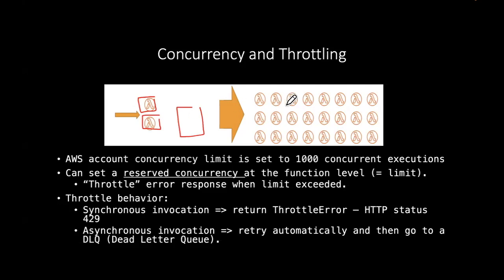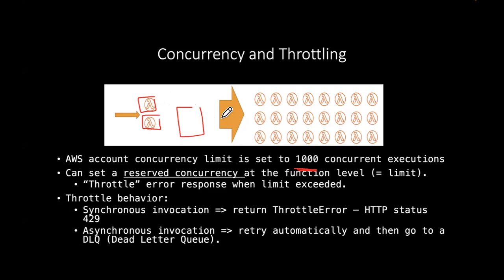Now, of course, it can't keep scaling up infinitely. There is an upper limit, and arbitrarily, to an extent, the AWS people decided that the maximum number of micro VMs that any AWS account can have running at any particular point in time is 1,000. Okay, so that's across all of your Lambdas, not necessarily just one Lambda.